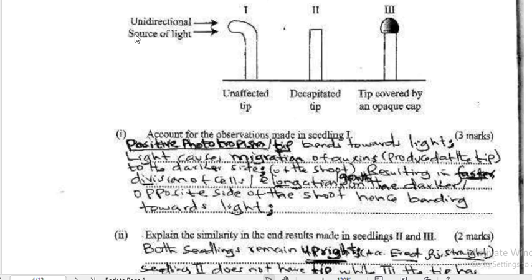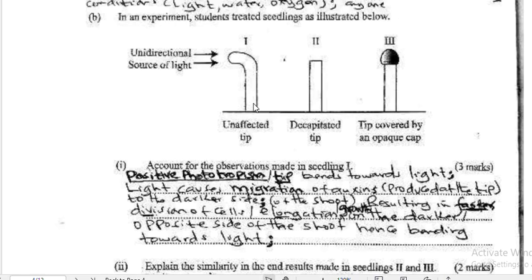It means when exposed to this unidirectional light, the auxins migrate to the darker side, and we will have a higher concentration on this darker side than on the lit side. Hence, faster cell elongation or cell division on the darker side than the lit side, causing the shoot to bend towards the source of light.